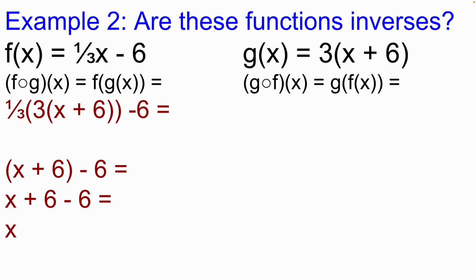Let's try it the other way around, g of f of x. First of all, it's looking like these might be inverses because f of g of x equaled x. Let's see if g of f of x equals x. So we'll do 3 times 1/3 x minus 6.